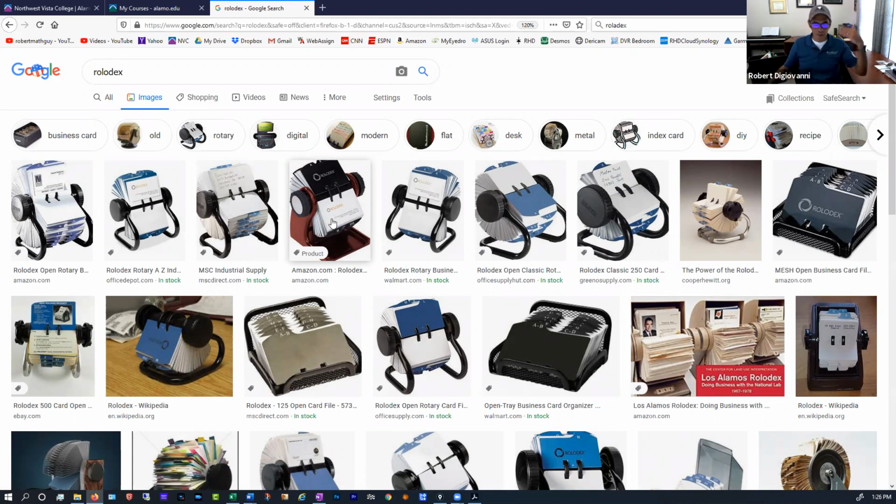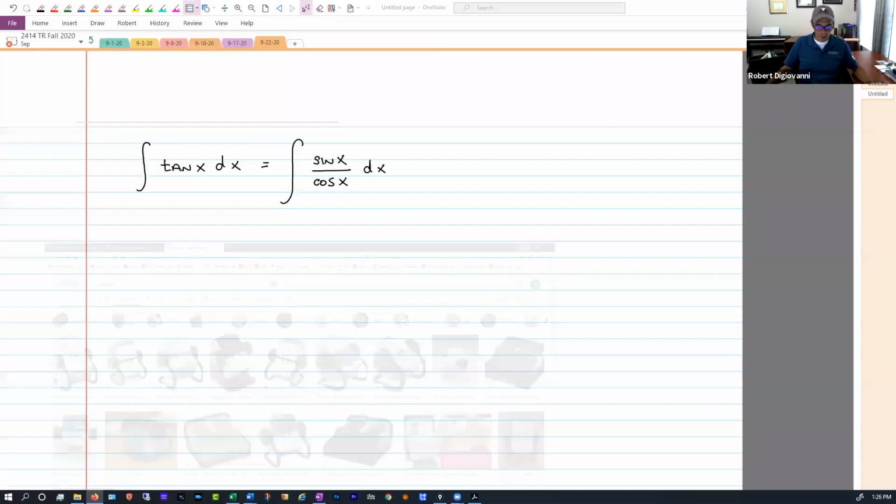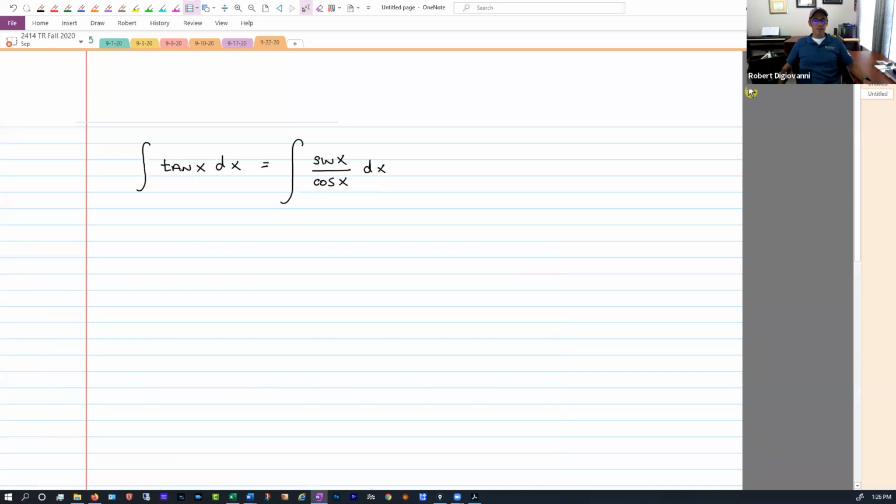So when I say the Rolodex in your mind, I'm talking about all the little things that we've learned: power rule, all these different things, basic u-sub, integration by parts. You've got all this stuff now. So when you look at this, anybody see it? Is it just basic u-sub? Okay, what would the u-sub be? Cosine.